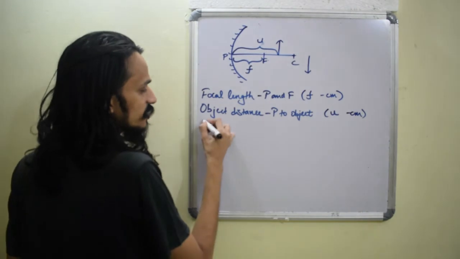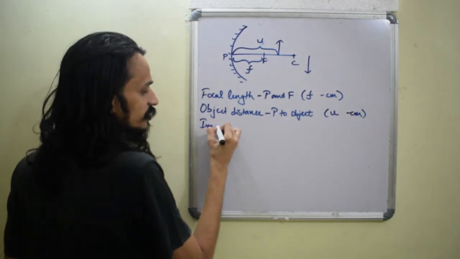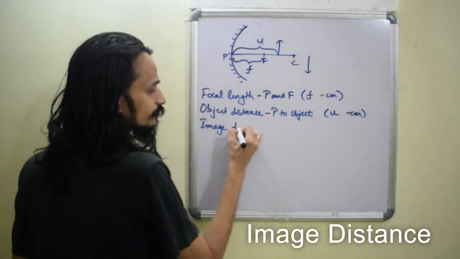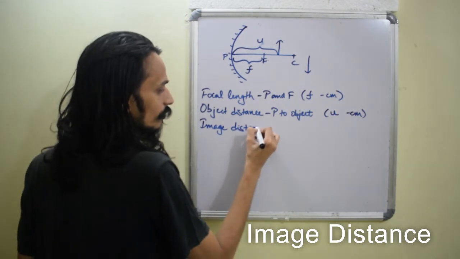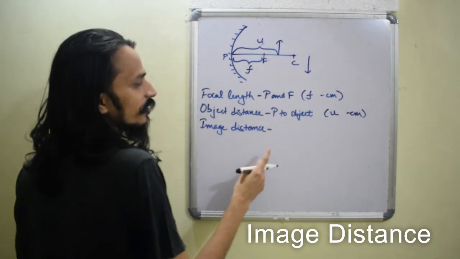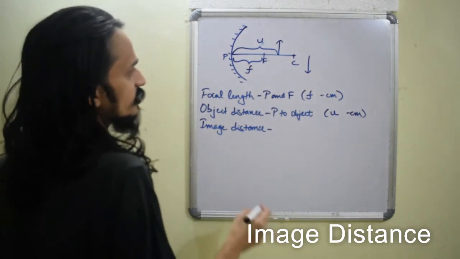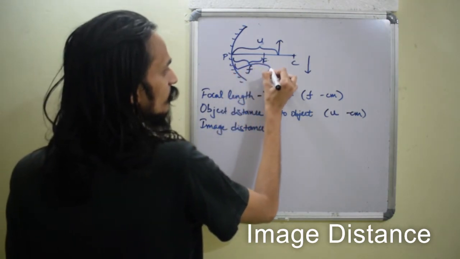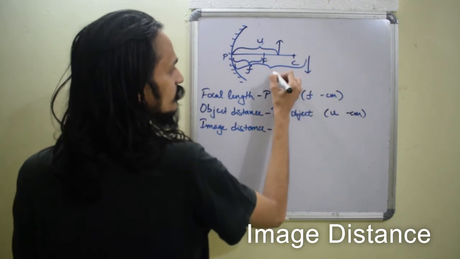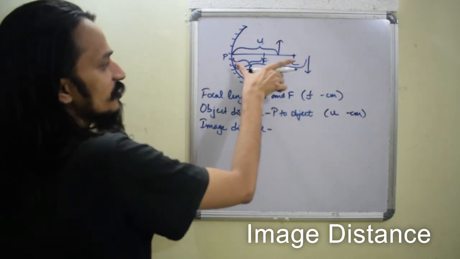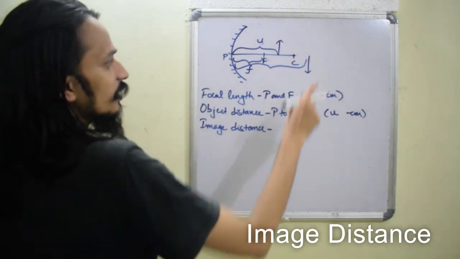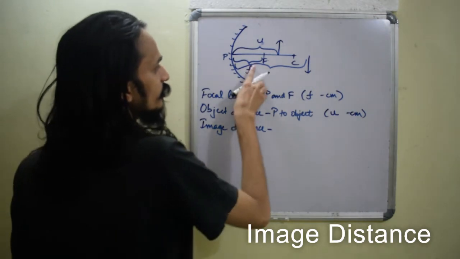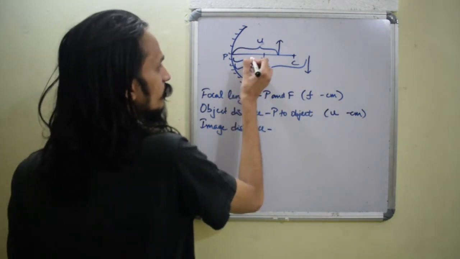Now, just like object distance, there is something called image distance also. If P to object is object distance, then it makes sense that from P all the way to the image will be image distance.